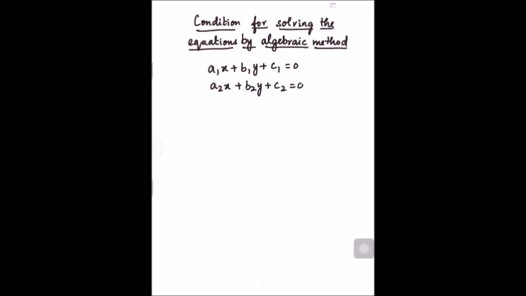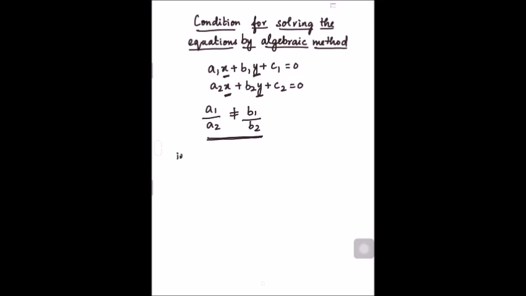If and only if a1 over a2 is not equal to b1 over b2, can we solve the pair of linear equations. That is, we cannot find the values of the variables x and y without this condition, a1 by a2 not equal to b1 by b2.